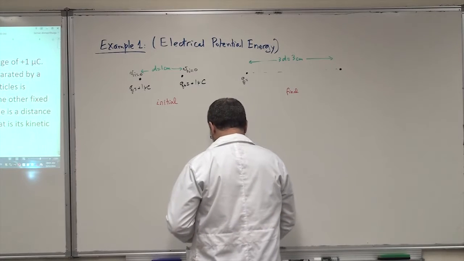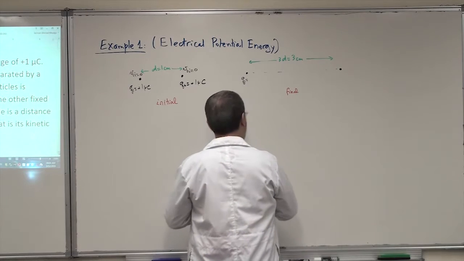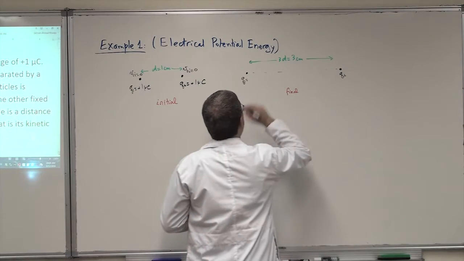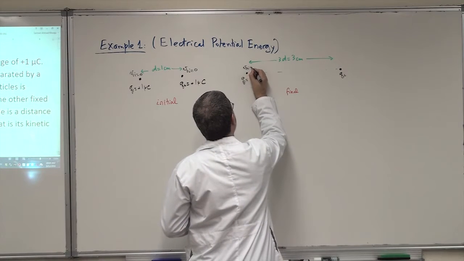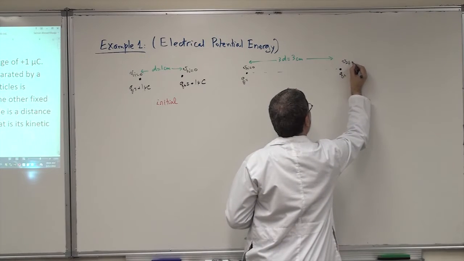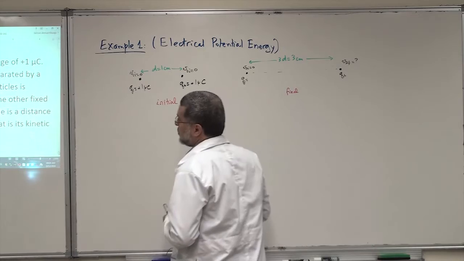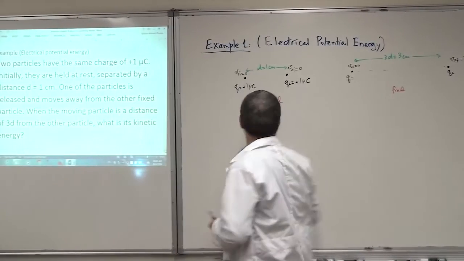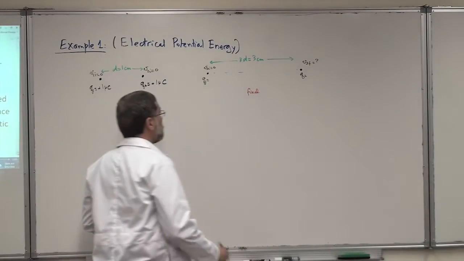Of course, this particle here, Q2, is here, and v2 initial is 0 because it is held fixed, and there will be a v2 final. He doesn't want the velocity or the speed, he wants the kinetic energy of this particle Q2.